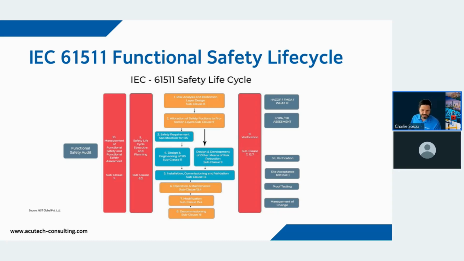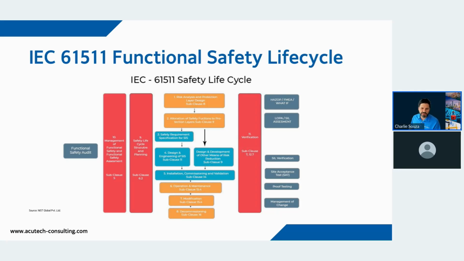The reason I have this on the slide is that you can start relating, combining, or comparing items directly to the 14 elements. We're supposed to have audits within the functional safety lifecycle. We're supposed to obviously have the HAZOP and LOPA. It's the same HAZOP and LOPA we're talking about under PSM.